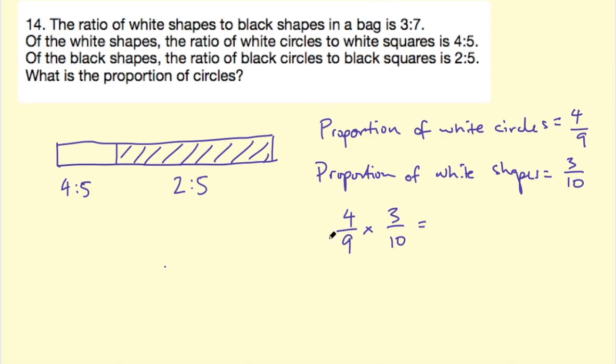So here I'm going to do some cancelling. Before I figure it out, I like to do my cancelling first, and so that's going to be 2/15. So that's the proportion of white circles.